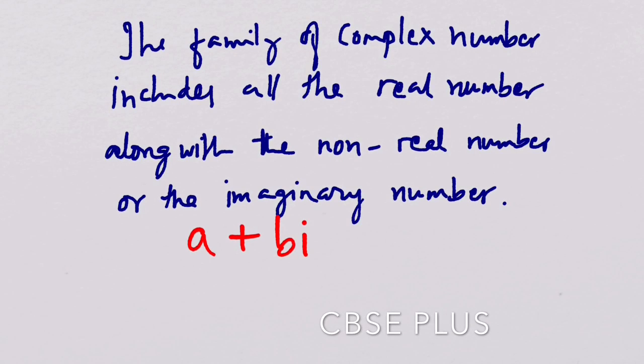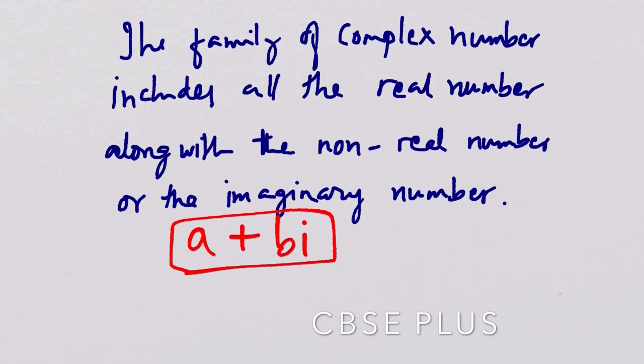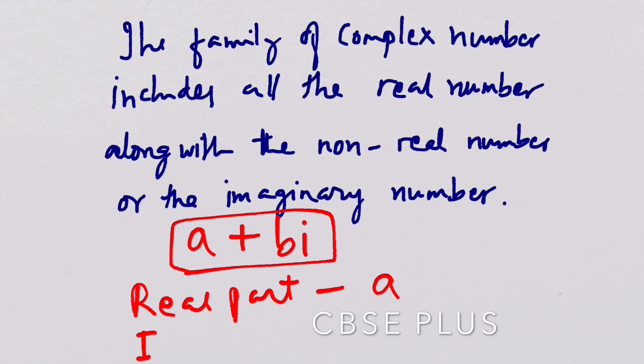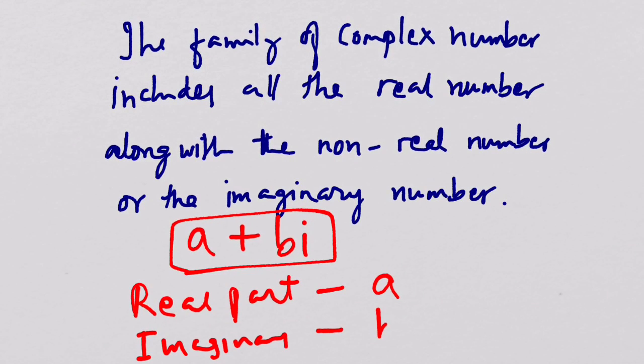A complex number written in the form of a plus bi has a real part, which is a, and has an imaginary part, which is b.